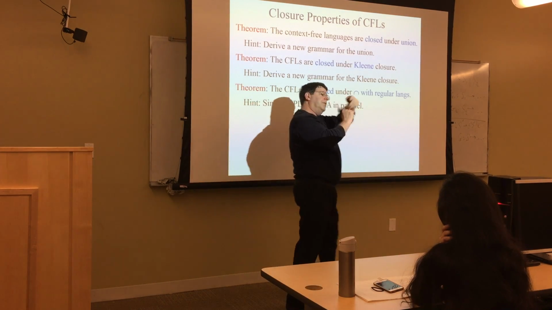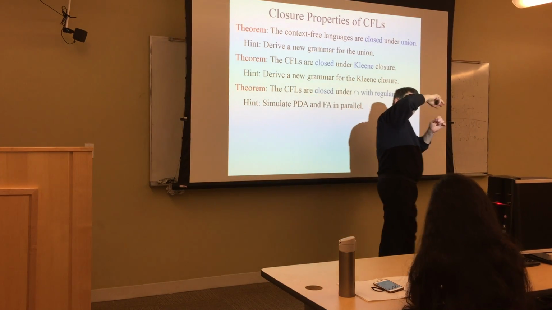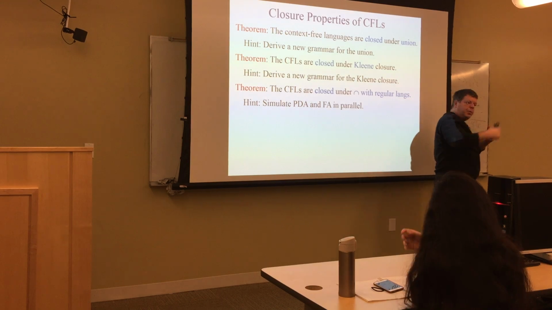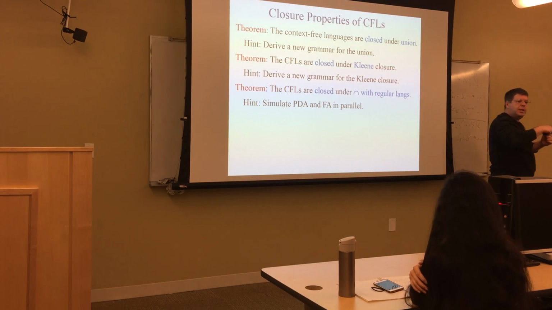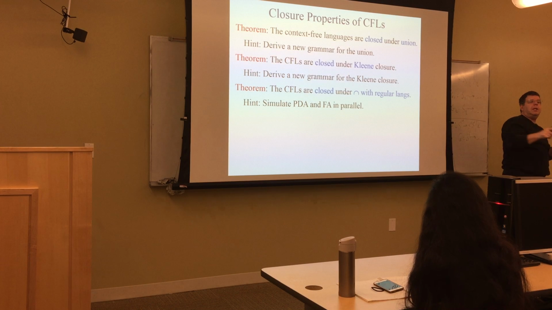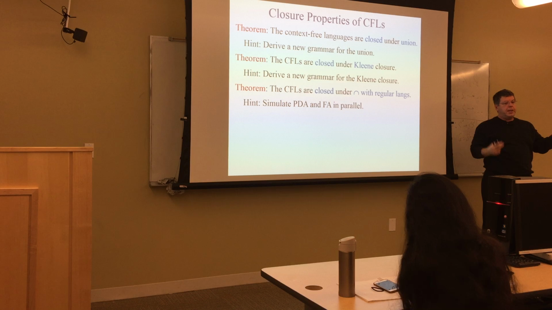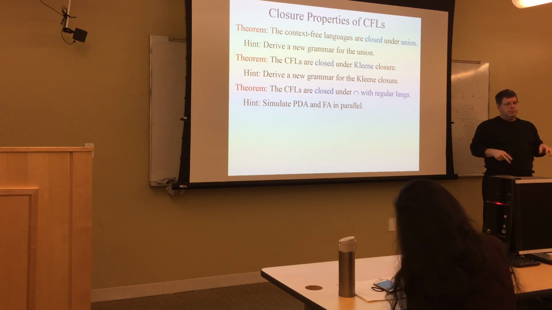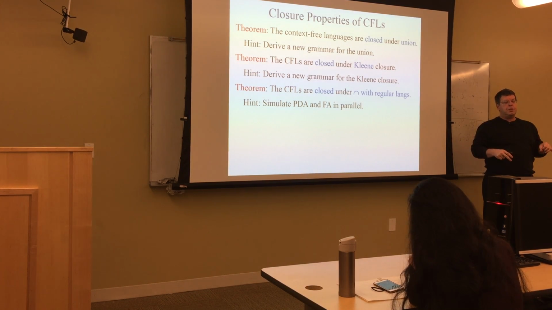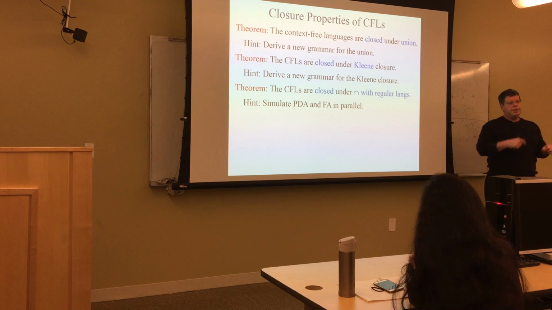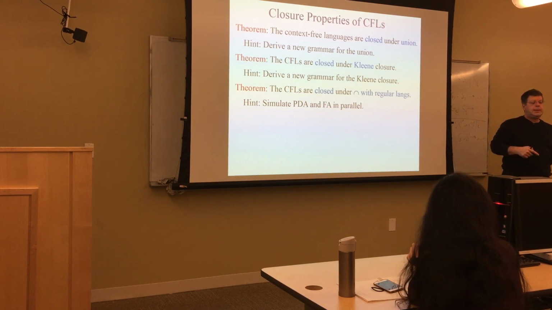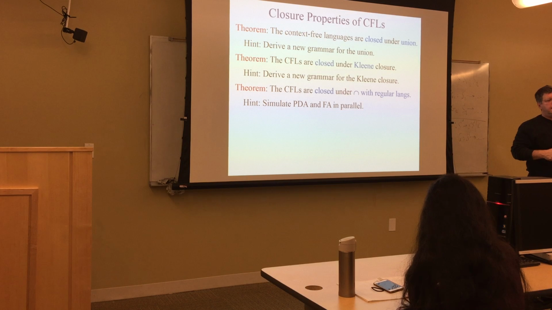Run both simultaneously together on the same string. They both change states. You keep track of the pair of states that both of them are in. One of them uses the stack, that's okay. That's why you have a stack, to service the one that needs a stack. And together you simulate both simultaneously on the same string in parallel. Same as for two finite automata. Cross product construction. Question? So as a result, the cross product of the language and the stack language?